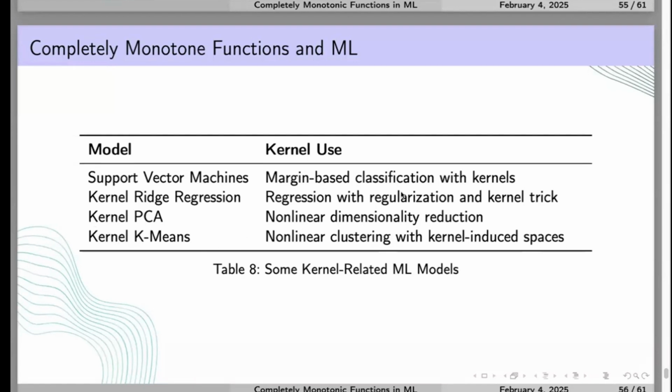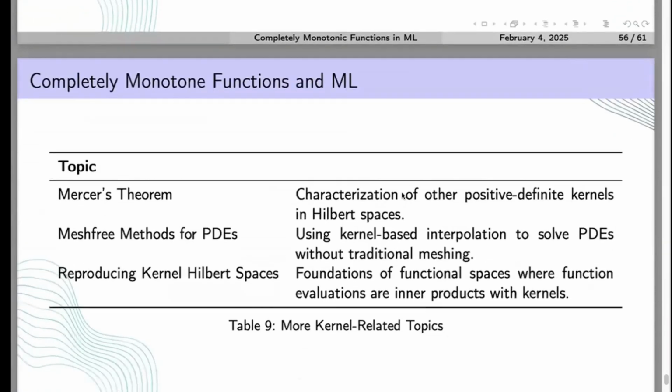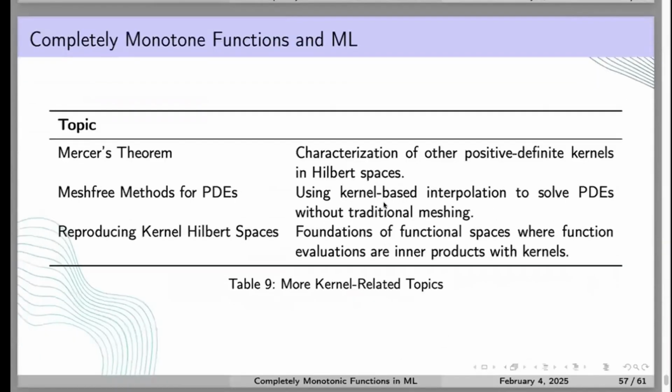They use kernels. And on the mathematical side, this type of functions also has other interesting properties, because Mercer's theorem can again be used for different types of positive definite kernels in Hilbert spaces. These kernel spaces are called reproducing kernel Hilbert spaces, the foundations of functional spaces where function evaluations are inner products with kernels.